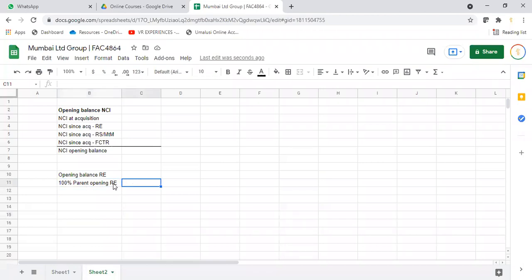Once again, I'm doing a separate calculation for the parent's opening retained earnings. I start off with the parent's opening retained earnings as per their number, and then I adjust for any group adjustments, and that gives me the opening retained earnings of the parent from a group perspective. Do I split anything there? I don't, because everything belongs to the parent.